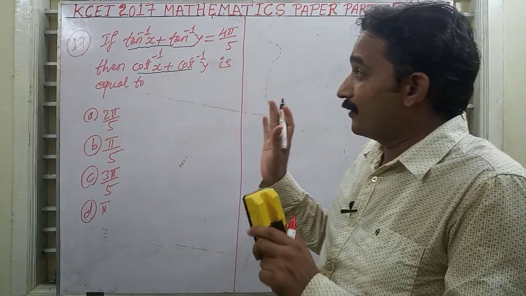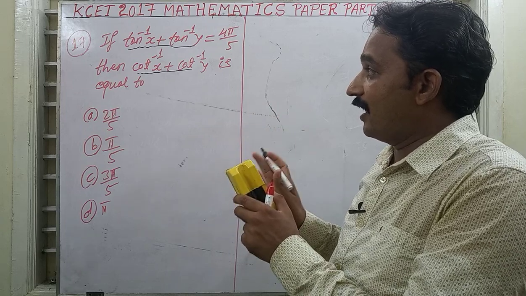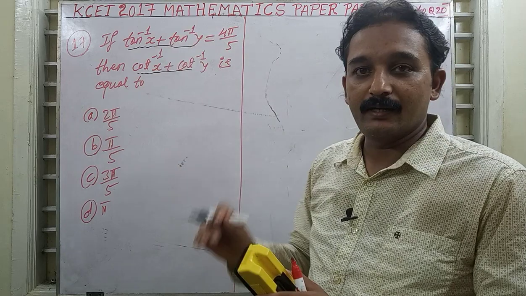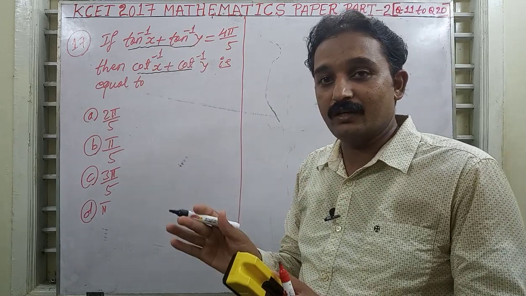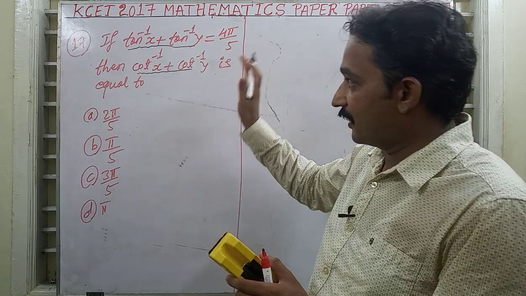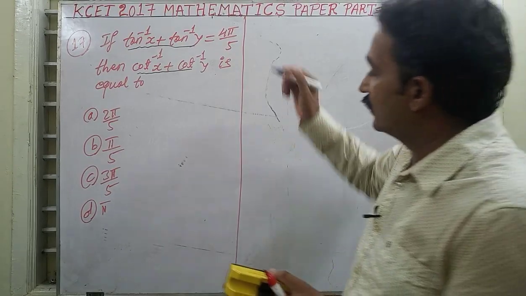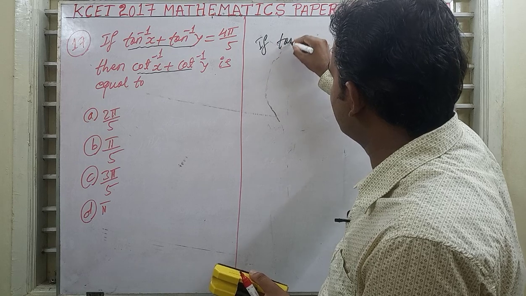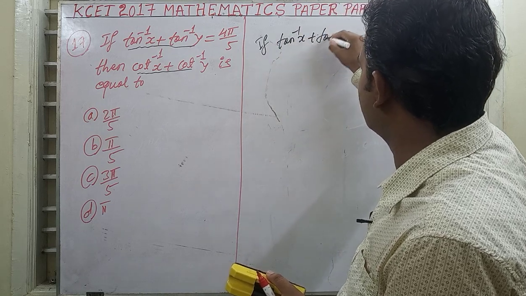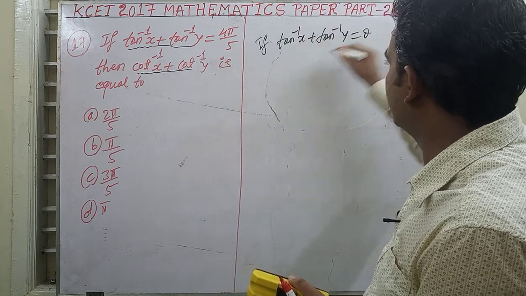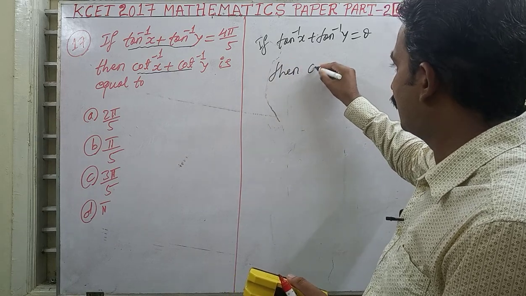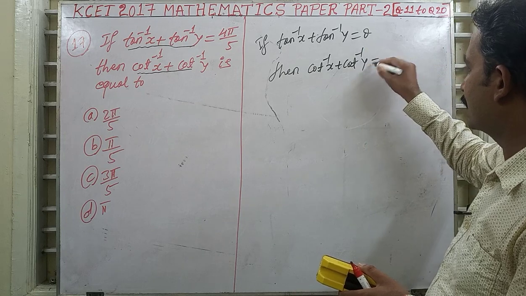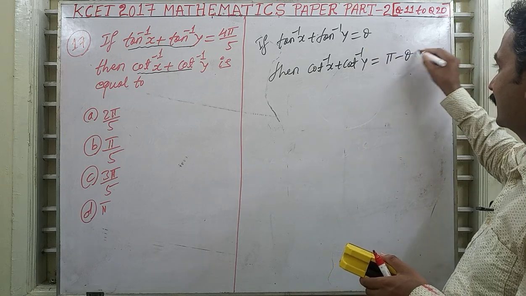Okay, so I am not solving this question by the usual method, means by using inverse trigonometry identities, but I am solving this question by using one shortcut method. So we know that, one shortcut method, if tan inverse x plus tan inverse y is equal to theta, then cot inverse x plus cot inverse y can be written as pi minus theta directly.